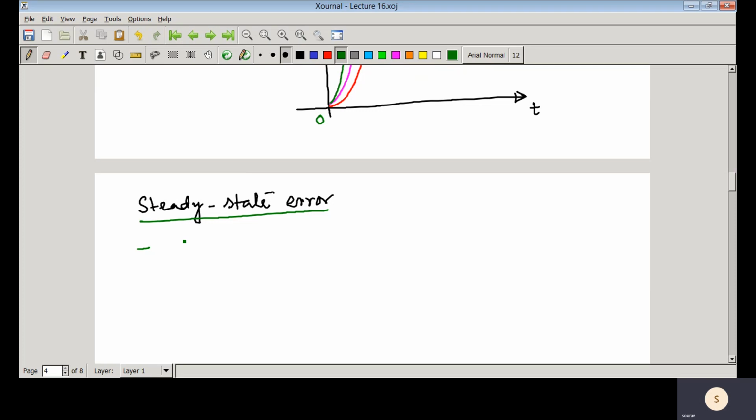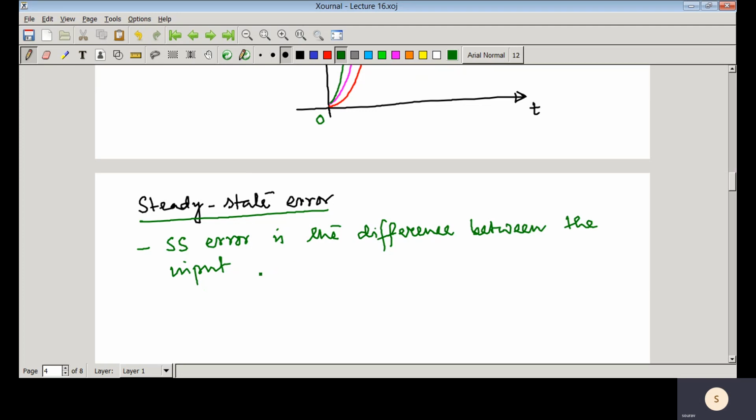So here we can write the steady state error, steady state in abbreviated form I am writing SS, steady state error is the difference between the input and the output for a prescribed test input.